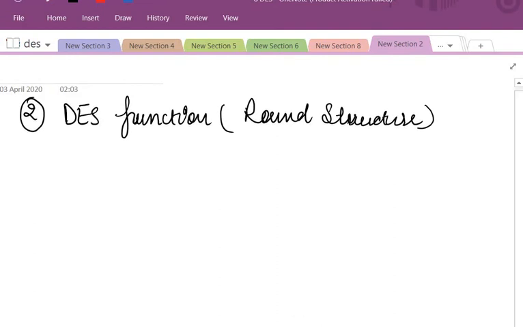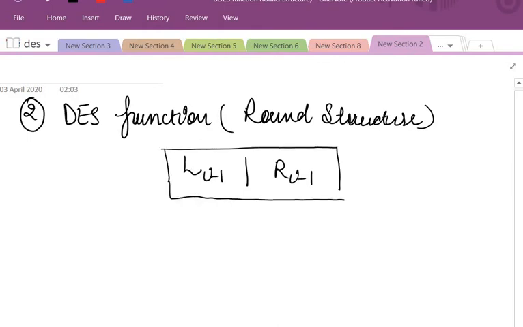In the Feistel round you have to divide your plain text block into the left hand side as well as the right hand side part. After dividing, you just put it as input into the non-invertible function, that is f(R(i-1), k), where k is the round key.